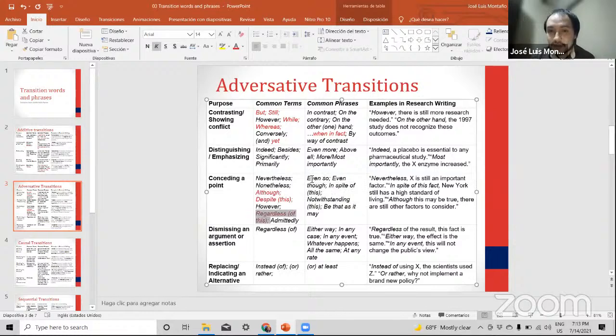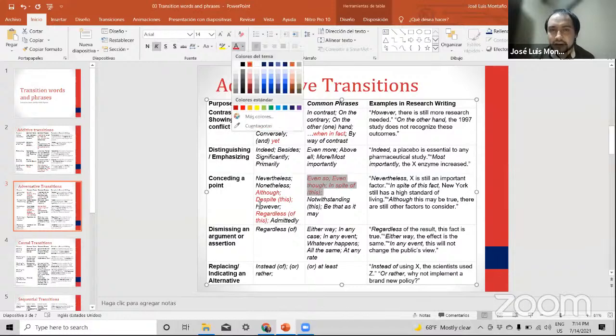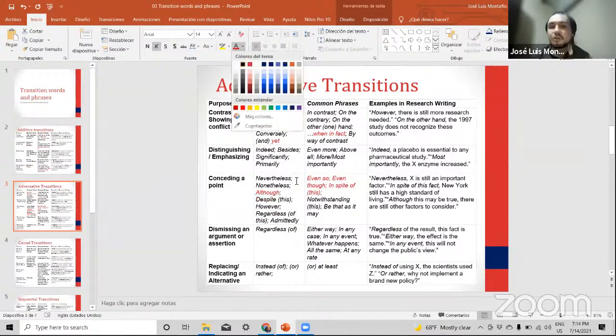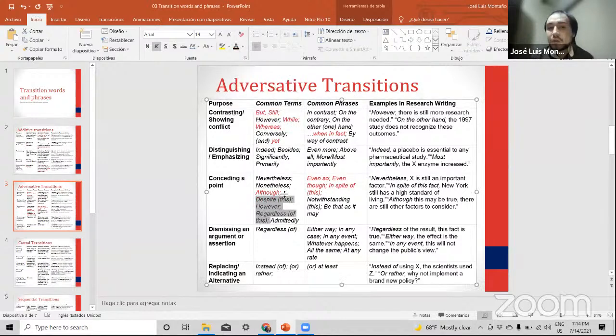And even though, in spite of these, here we have many exceptions, almost in the same way. I'm marking these ones, but they actually use the same punctuation, these two, but I'm going to show you how. Now, what happened with although?